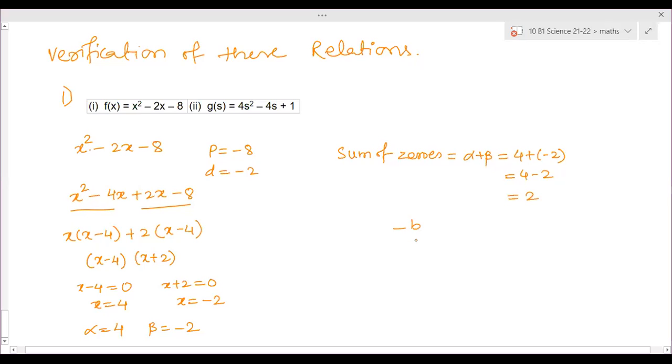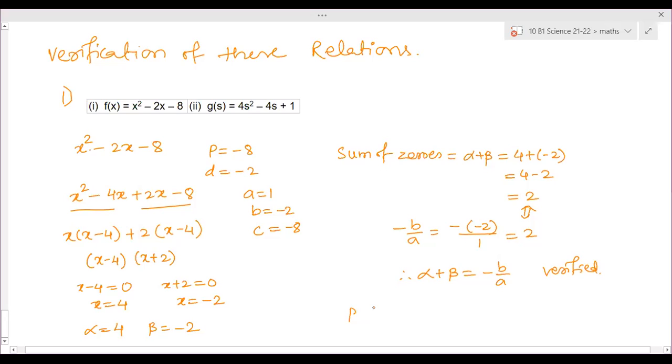Then minus b by a: the value of a is 1, b is minus 2 and c is minus 8. So minus b by a means minus of minus 2 by 1, that is 2. Therefore both of them are equal, so alpha plus beta is equal to minus b by a is verified.